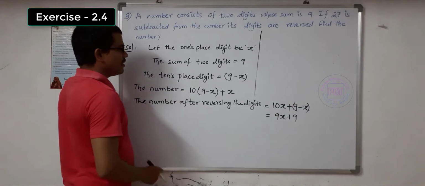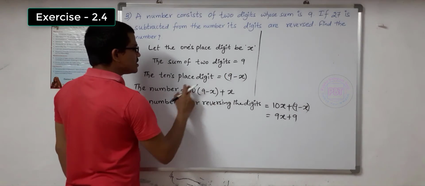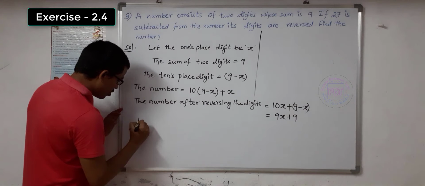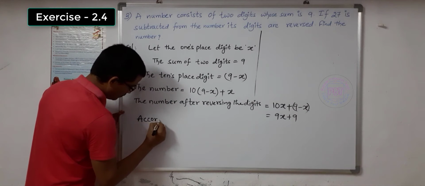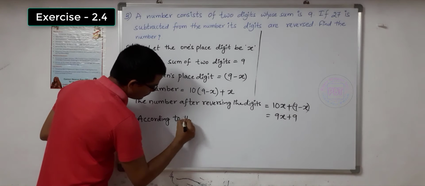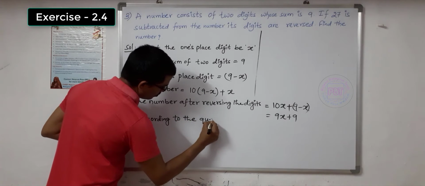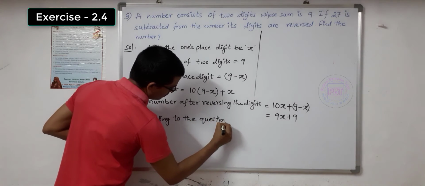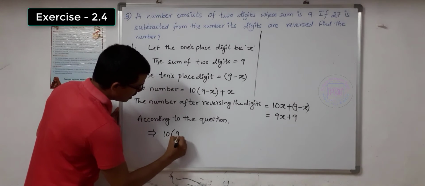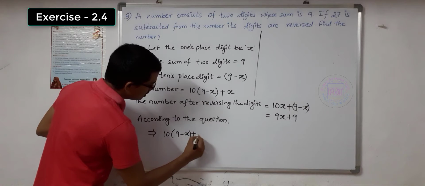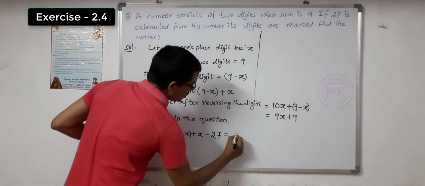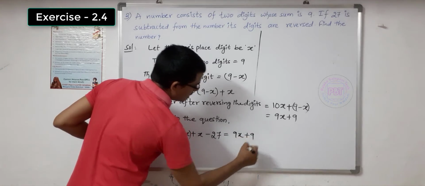According to the question, if you subtract 27 from the original number, the result is the reversed number. So write that according to the question. 10 of 9 minus x plus x, from this 27 subtracted, equal to 9x plus 9.